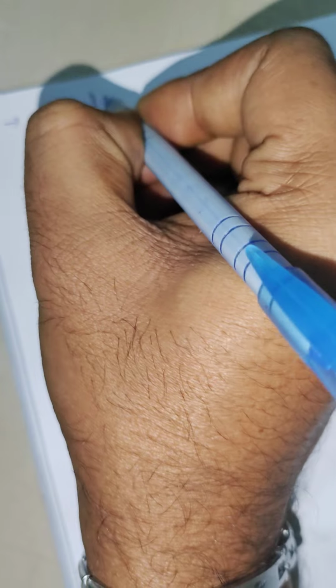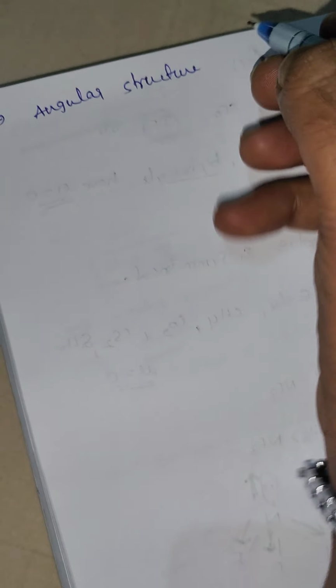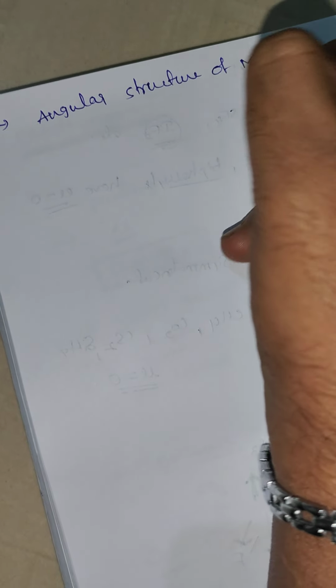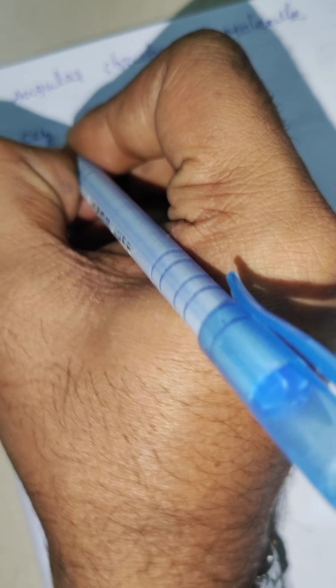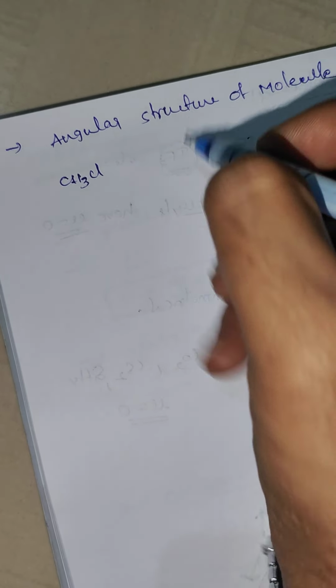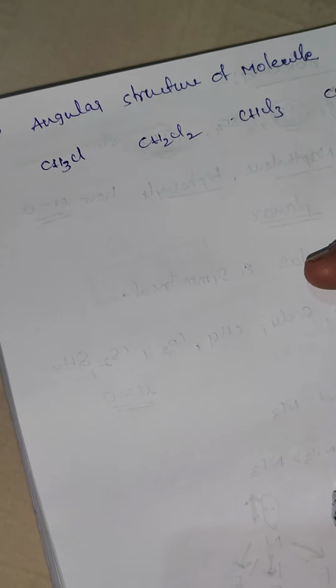Next point, the angular structure of molecules has greater dipole moment. See here: CH3Cl, CH2Cl2, CHCl3, CCl4.